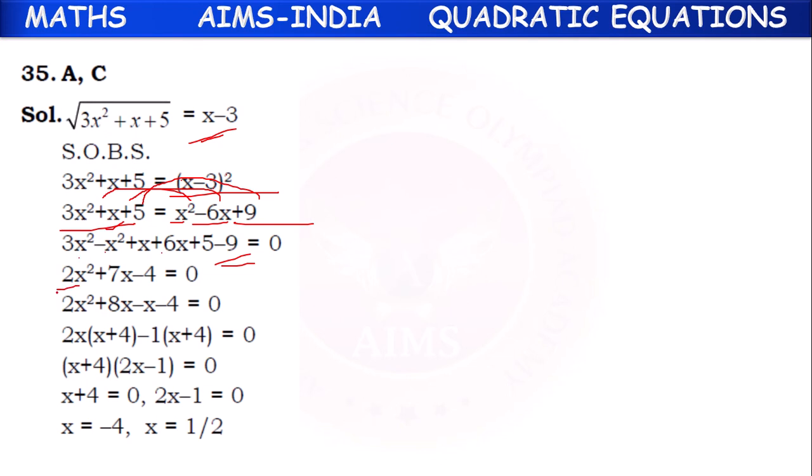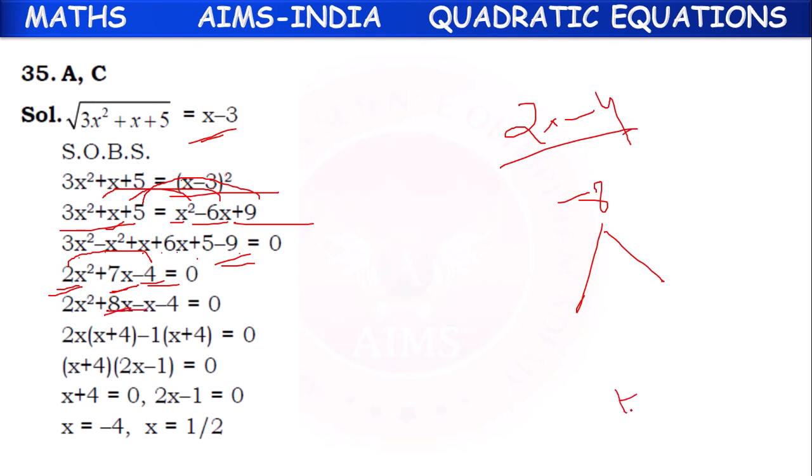3x square minus x square equal to 2x square. X plus 5x, 7x. 5 minus 9, minus 4. First and last term product: 2 into minus 4, minus 8, to be split into two terms whose sum is equal to plus 7.